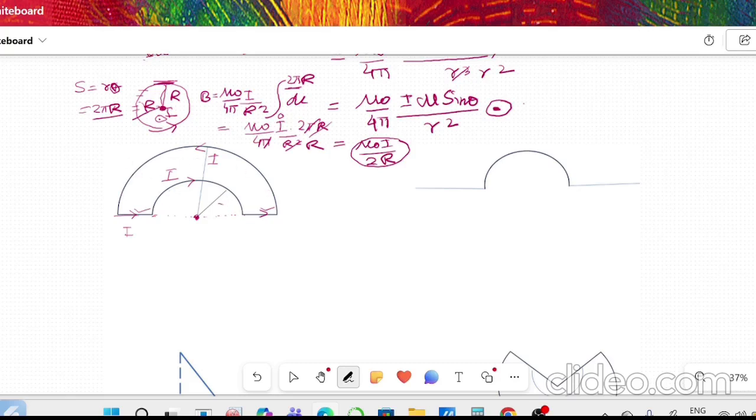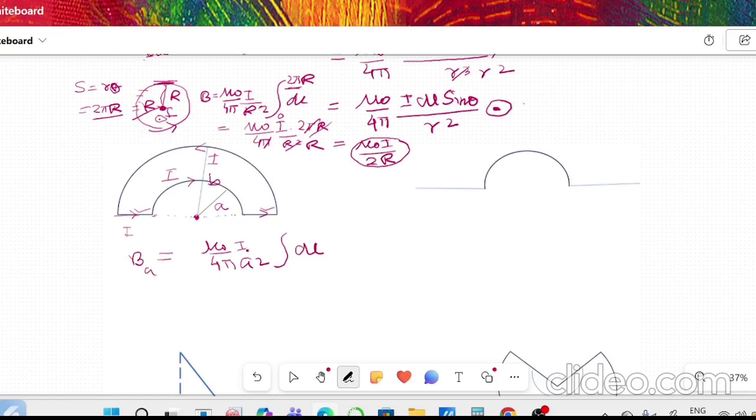Okay, and we just want to calculate the magnetic field due to these two sections. Suppose this radius is A and this radius is B. Then the magnetic field for the inner section, that is with radius A, that is BA, is simply mu 0 by 4 pi, and again it is I over A square because the radius is the same. We just integrate over dl. Now, what will be the dl?